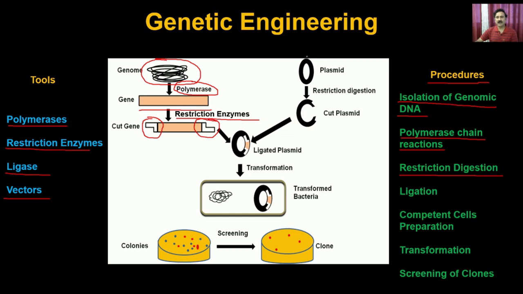In the same way, you also have to isolate the plasmids. The plasmids are the vectors which are going to carry the gene of your interest. Then you restriction digest the plasmids so that they also generate sticky ends. Now you take the cut gene as well as the cut plasmid and put them together in a ligation reaction.